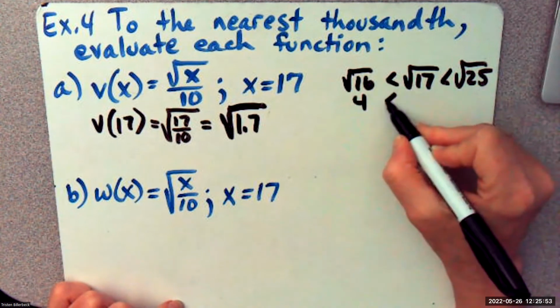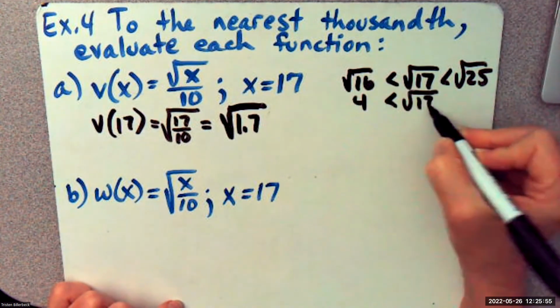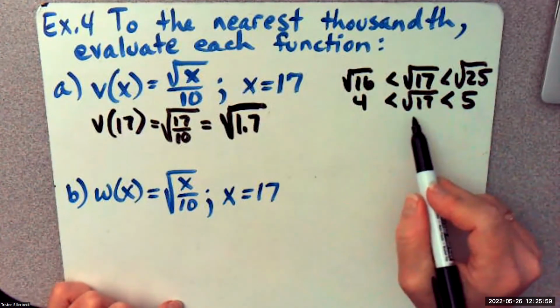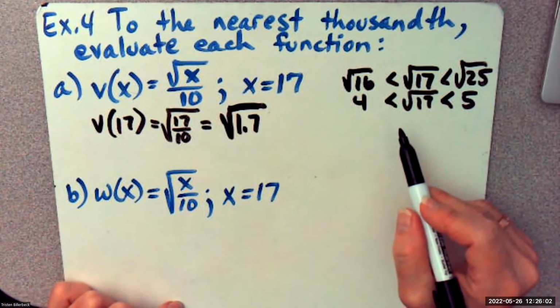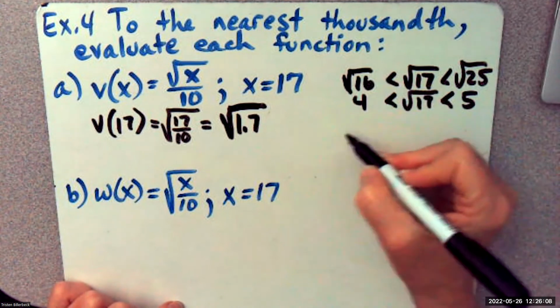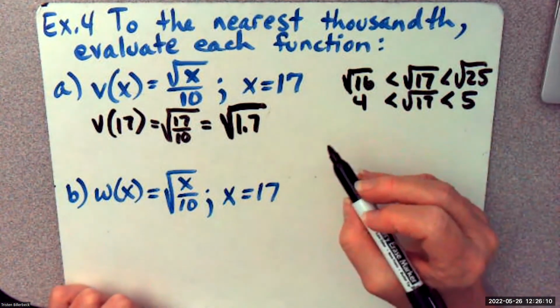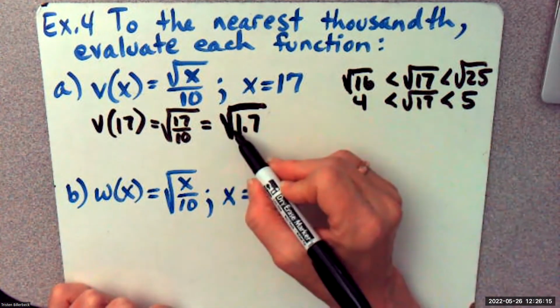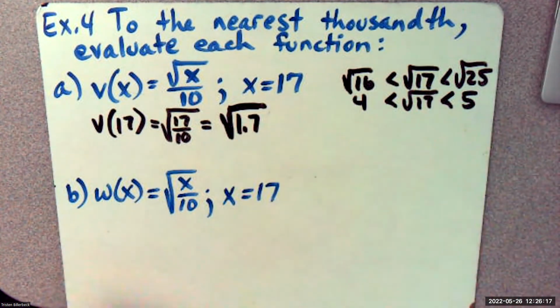This is 4, and that is 5. So I'd approximate that to be about 0.4. Okay, so it's about 0.41.